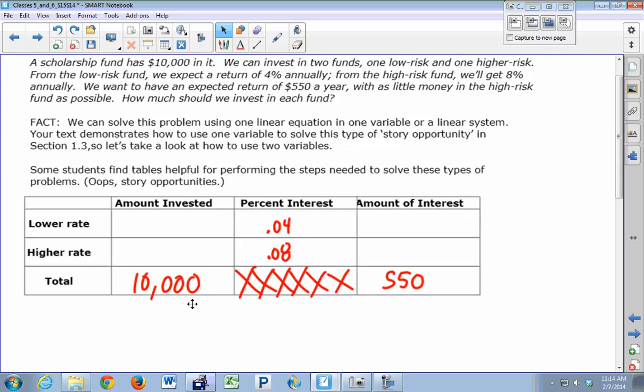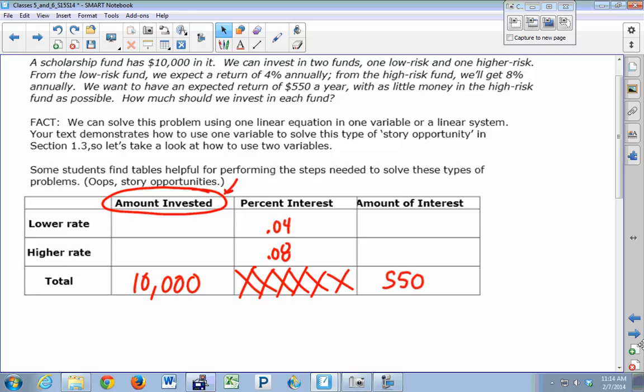So notice how I've set up this chart. On the left-hand side of my chart, I have sort of the idea of what I'm looking at. I have two types of things. I have a low risk and a high risk investment. When I define a variable, the language I use has to represent a numerical quantity.